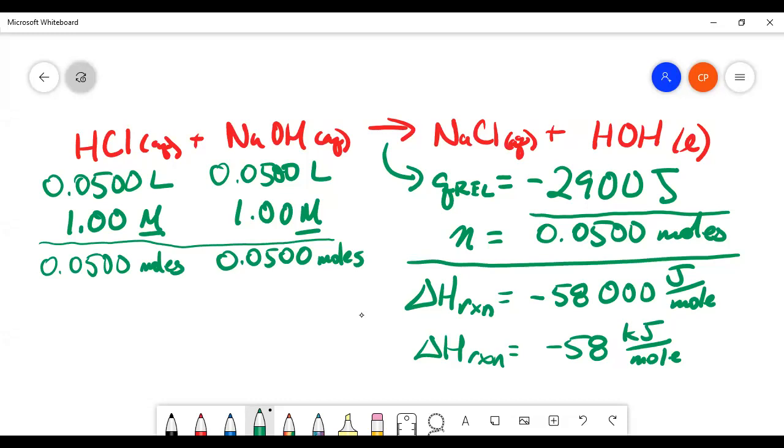Put another way, we're going to recognize how much enthalpy is contained in the reactants and the products and reactions of this sort.